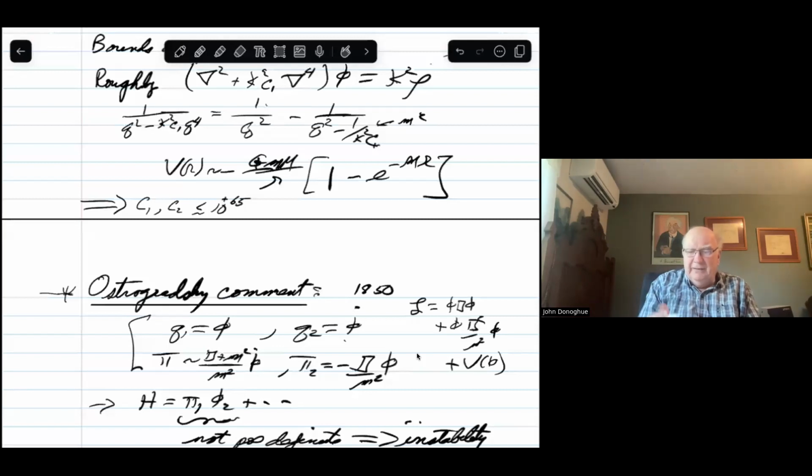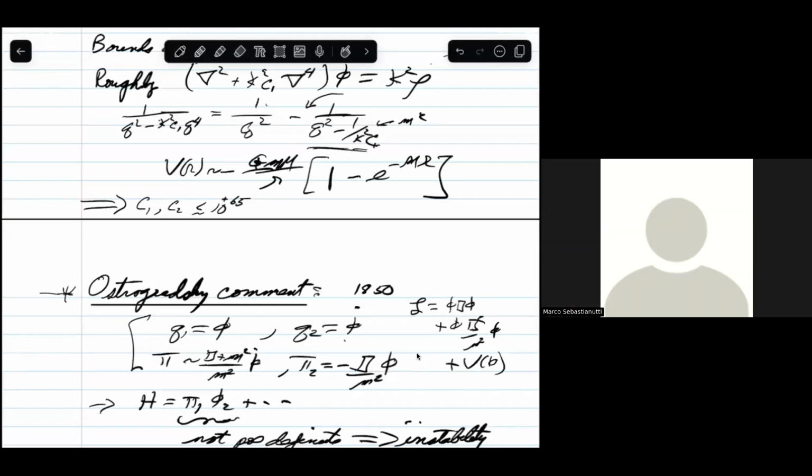And just for everybody else, the phrasing of calling them ghosts comes from that minus sign there. The propagators come with the wrong minus signs for these high mass states.